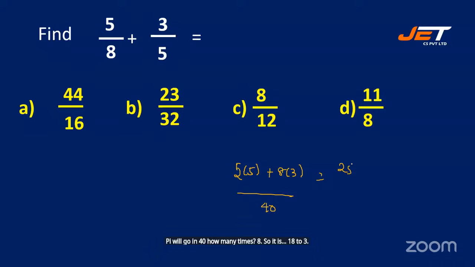So 25 plus 24 by 40. So 49 by 40. Not getting this number in the option.